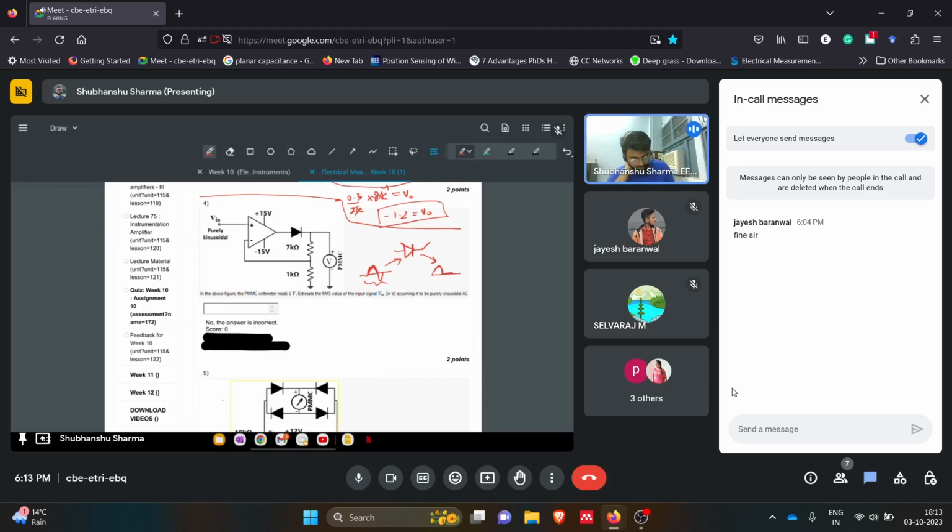Now we have to keep this in mind, and let's see what is happening at the output of this operational amplifier. So we have a pure sinusoidal wave. We have this negative feedback, which is important to check. Once we have that, this V voltage can be transferred to this side because of the virtual short concept. Now let's say V in was this sinusoidal voltage.